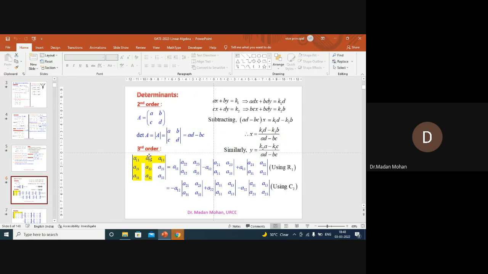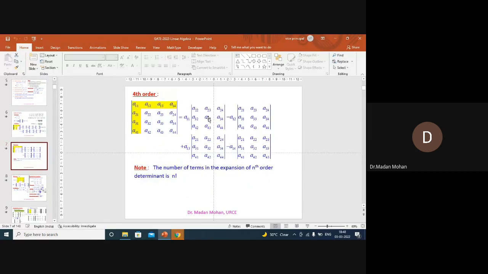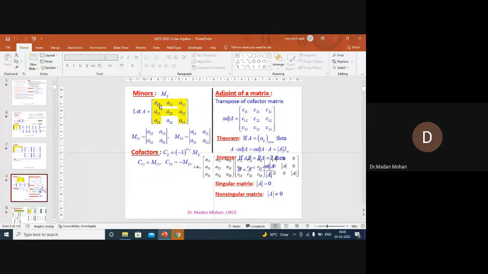Next, determinant properties. AD minus BC is called determinant of the matrix. Third order determinant, you can find determinant of the matrix using any row or any column. Next, fourth order, similarly we express. The number of terms in the expansion of determinant is factorial n, where n is the order of the given matrix. The next, minors.